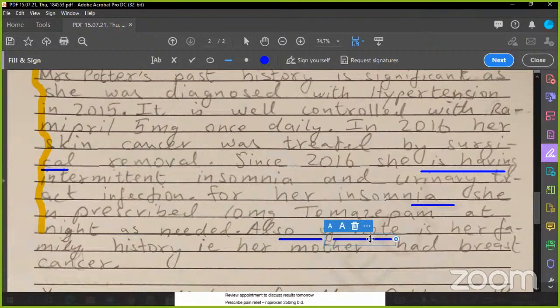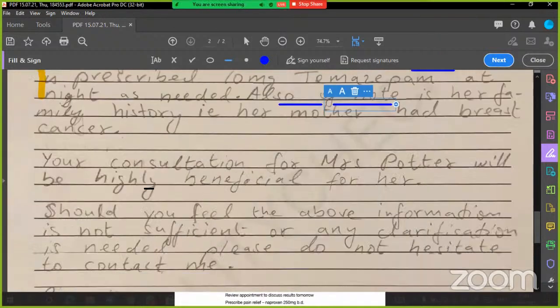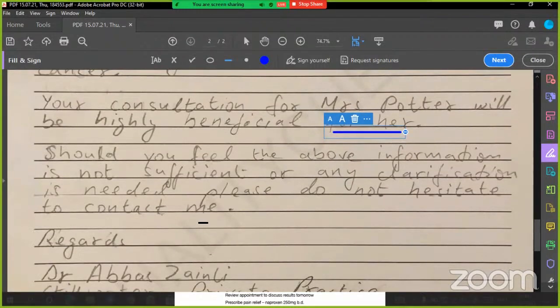Something like that. Then, your consultation for Mrs. Potter will be highly beneficial. No need for "her" because it is for her only, not for somebody else. Should you feel the above information is not sufficient or any clarification is needed, please do not hesitate to contact me.